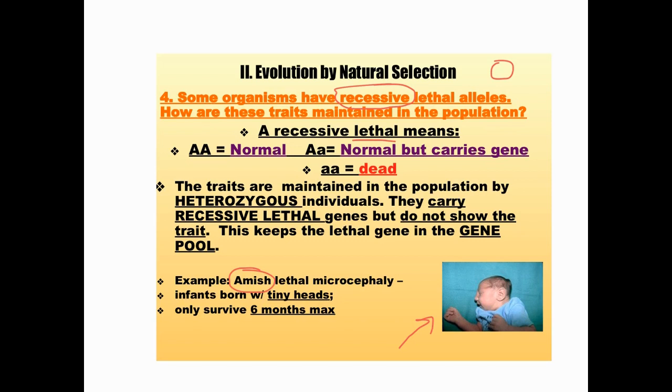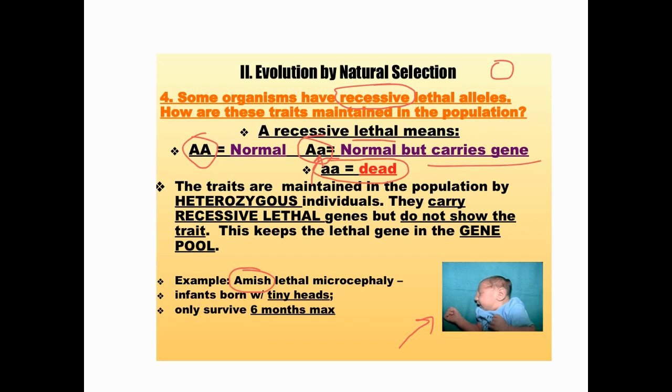But the reason it stays around is because it's recessive. So if you're homozygous dominant, you're normal. If you're heterozygous, you have that lethal allele, but you're normal. You carry the gene, but you will not die. So the only way you will die from this trait is if you're homozygous recessive.